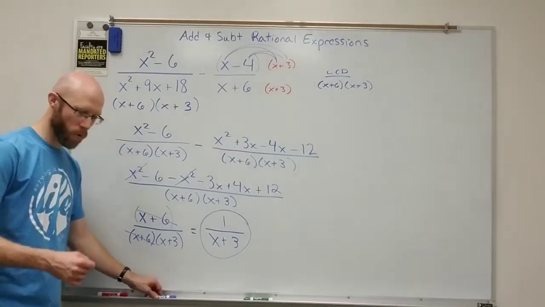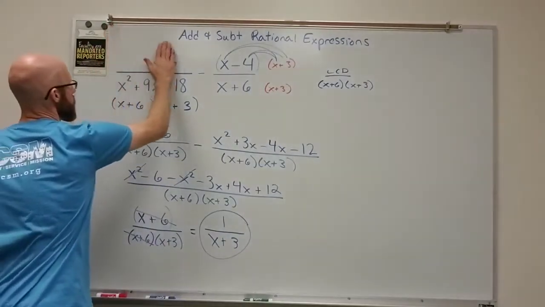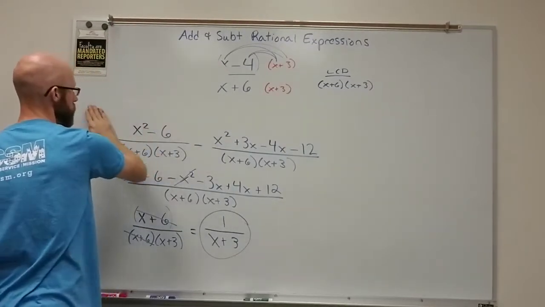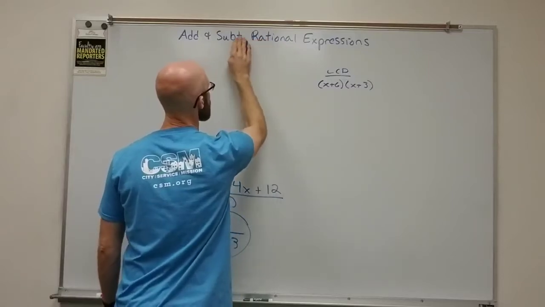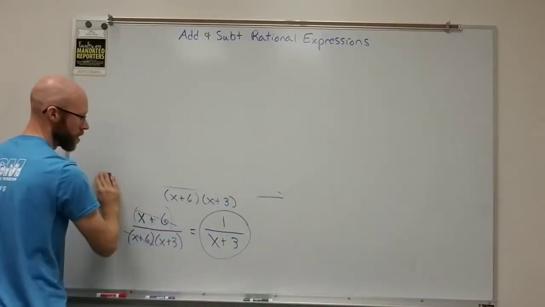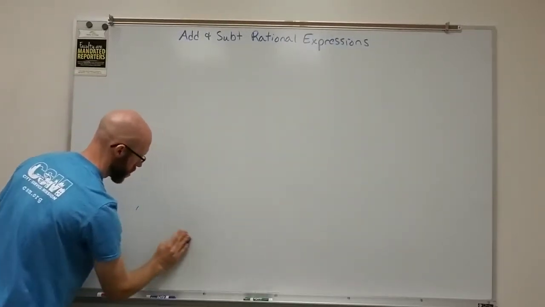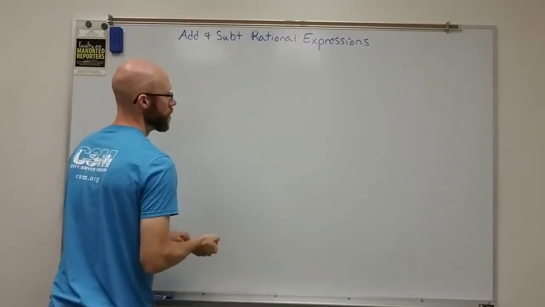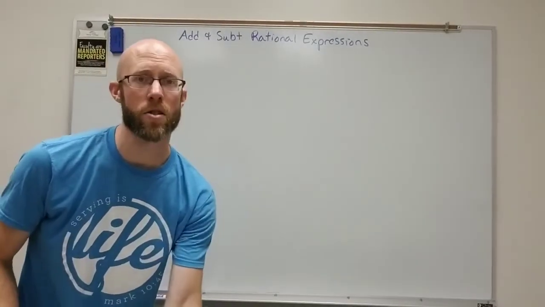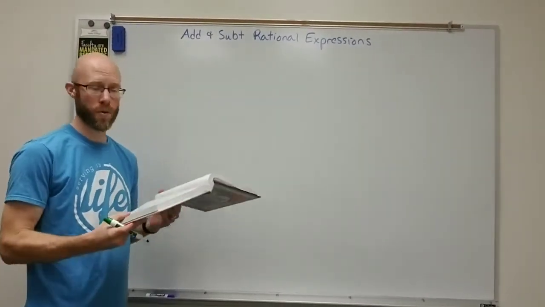Okay, let's try one more example. This last example is going to include 3 fractions. And so with 3 fractions, you're going to have to find an LCD for all 3 of them.